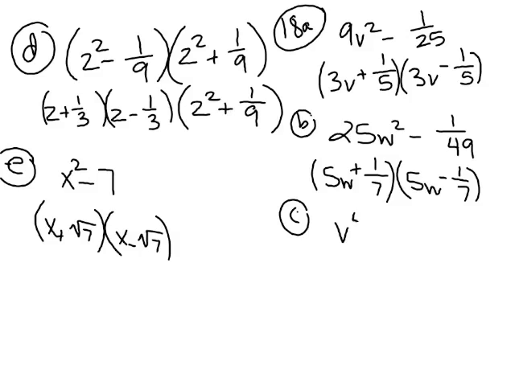C. So v to the 4th minus 1. This one's kind of tricky. What's the square root of v to the 4th? v squared. v squared. So I'll have the square root of 1. So I'll have v to the 4th plus 1v squared minus 1v squared, so those cancel, and then a negative 1.